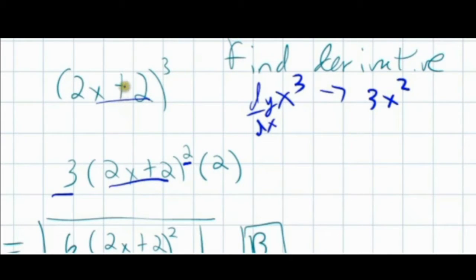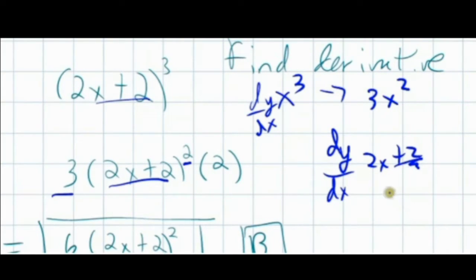So the next step would be to take the derivative of the inside and multiply it. So remember the chain rule, you're taking the derivative of the outer and evaluating it at the inner, multiplying by the derivative of the inner. So derivative of the inner, what is dy dx of 2x plus 2?